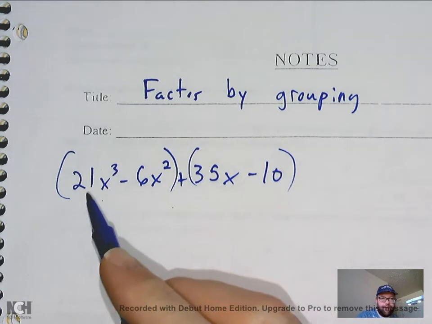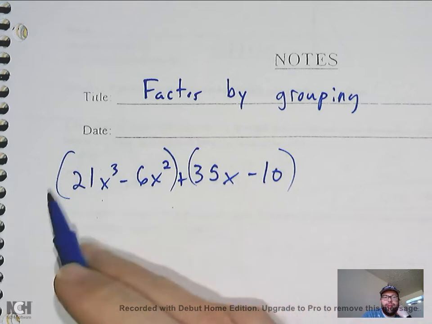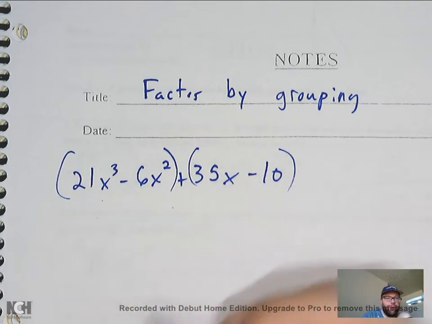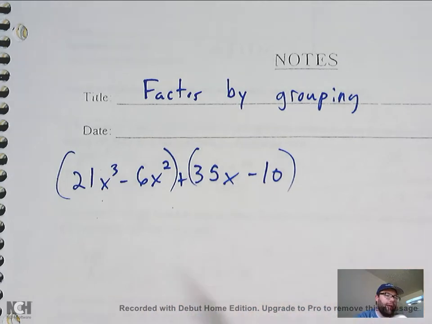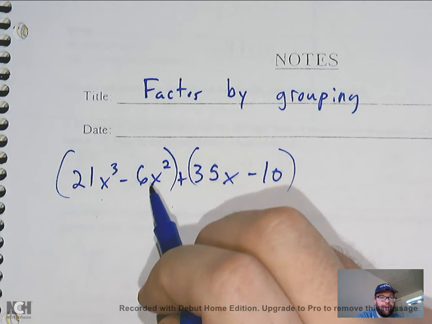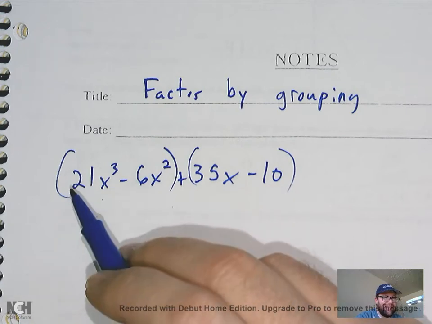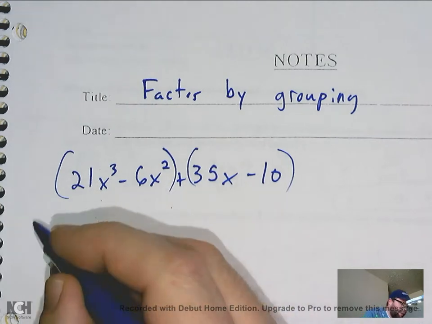Looking at this first binomial, I have 21x to the third minus 6x squared. So I'm going to look at the numbers first. So the greatest common factor between those two numbers, this is 7 times 3, this is 2 times 3, it's going to be 3, right?